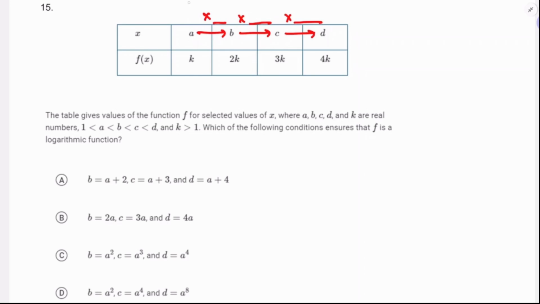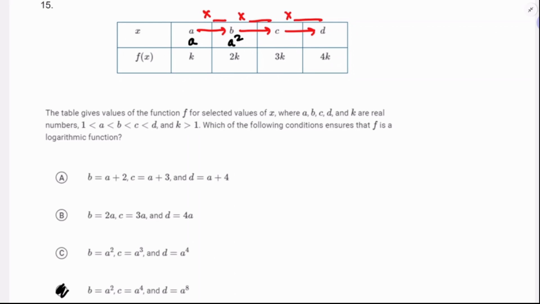So maybe I think it's going to be d. This is my hypothesis at this point. If I had a squared, c is a to the 4, and d is a to the 8, I'm like squaring the inputs.